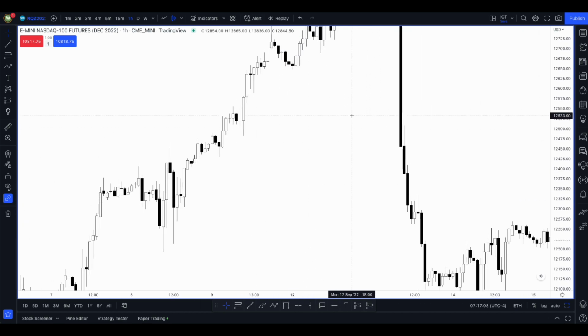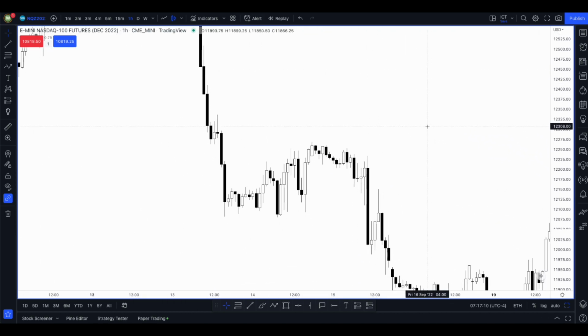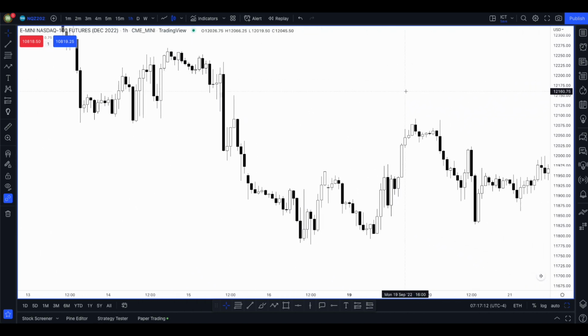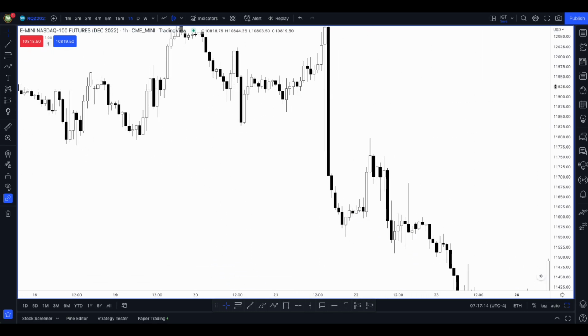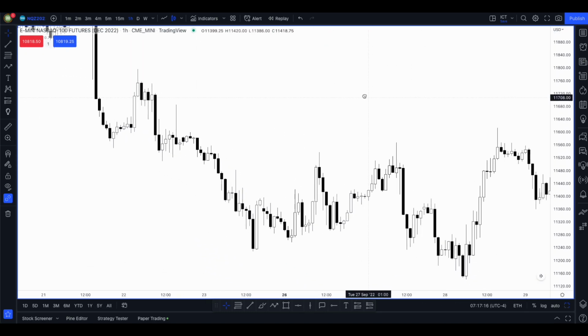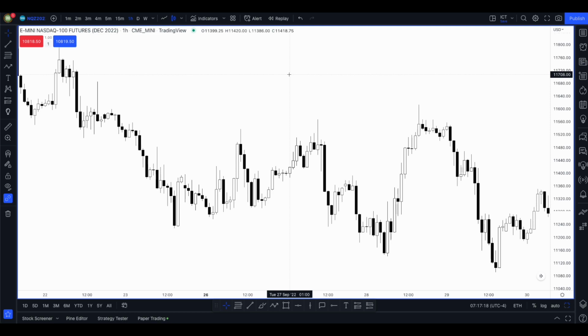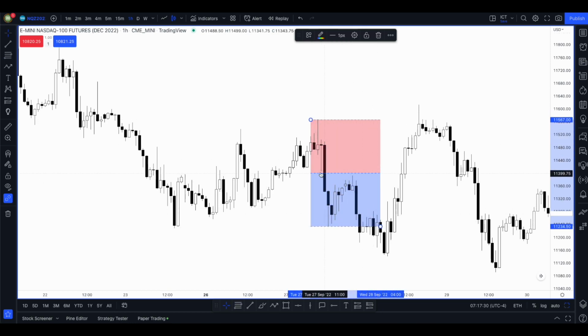Now remember, like I said, how do we use the premium and discount tool when it comes to buying and selling in the market? This is where timeframes become very, very important. What do I mean by that? So far we've been looking at the hourly. Let's map out this swing leg here. You can see price did not come up into the premium. However, what is happening beneath?